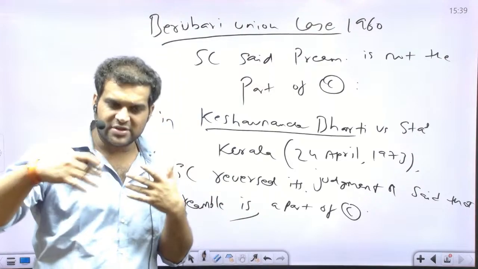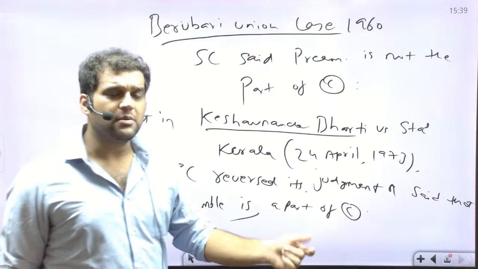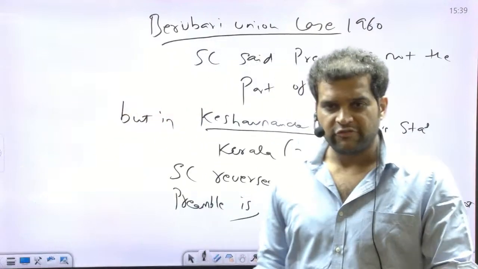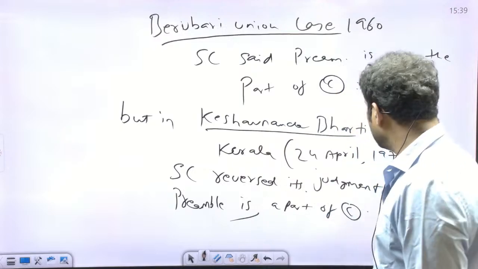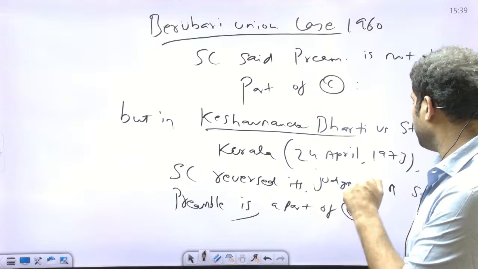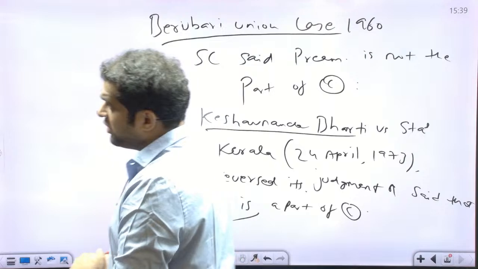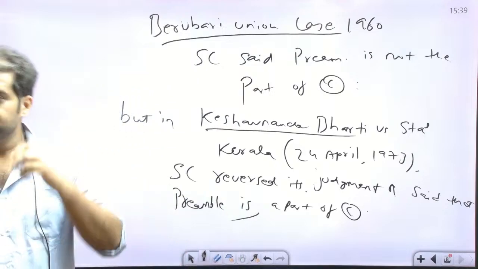That's a different discussion altogether. We'll discuss it in the fundamental rights chapter. For now, you just write this down. 24th April 1973, Supreme Court reversed its judgment and said that the preamble is part of the Indian Constitution.